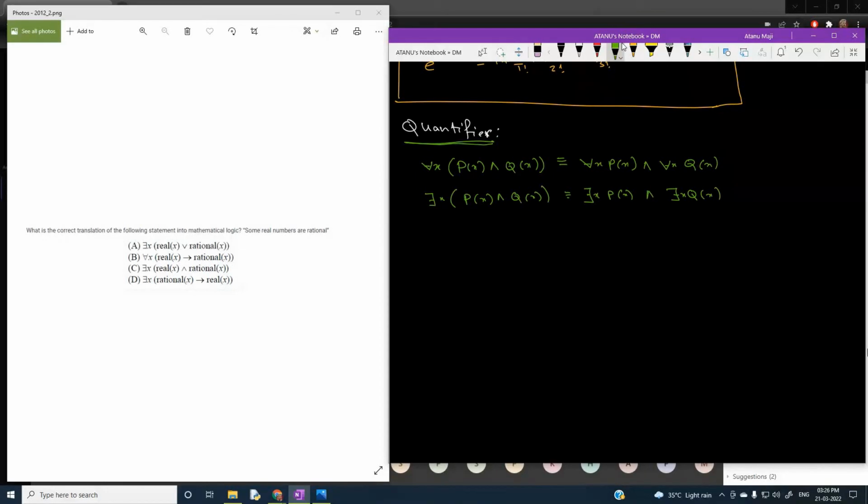But for the existential quantifier, you should remember that if you have taken two propositions connected by the disjunction, then this existential quantifier can be distributive over this disjunction. We can write there exists x p(x), disjunction there exists x q(x).